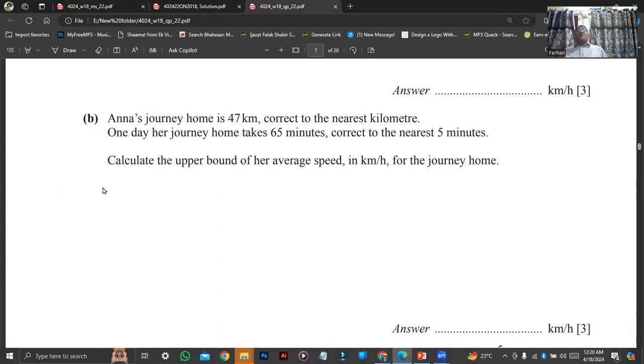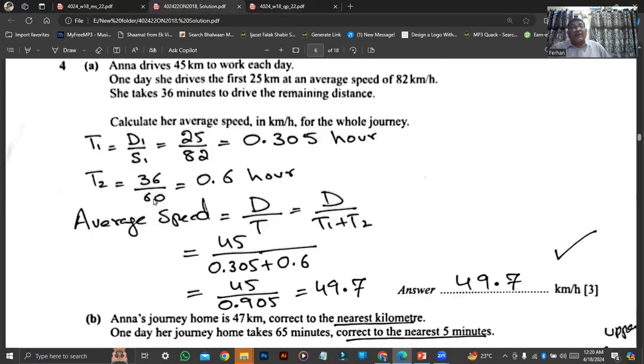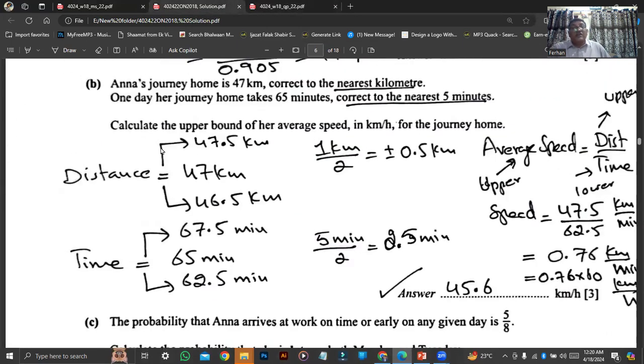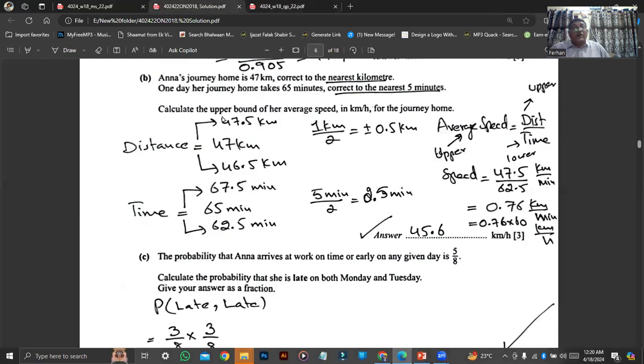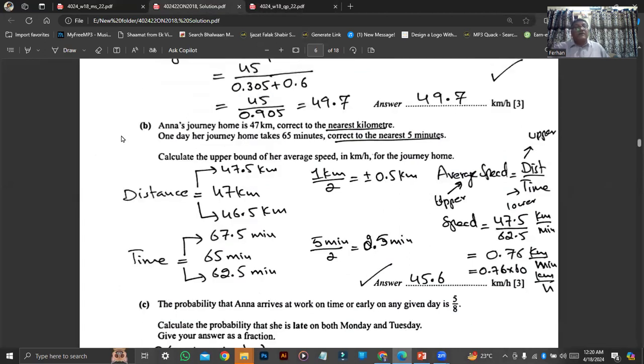Calculate the upper bound of her average speed in kilometers per hour for the whole journey home. So we have to find out the upper bound of the speed. The speed is equal to distance divided by time, and because you want the upper bound of the average speed, the distance upper bound will be taken and the time's lower bound will be taken.